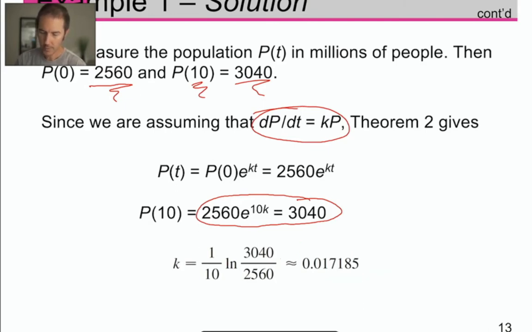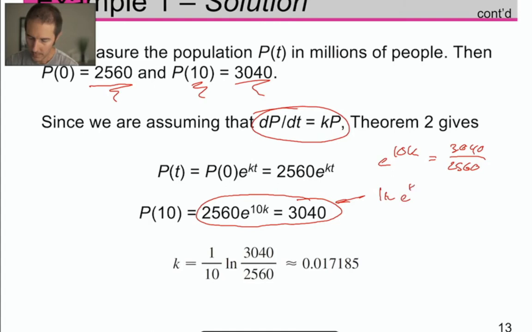But I'm going to take this equation, and divide both sides by 2,560. So I now have e to the 10k, or k10, equals 3040 over 2560. And then I'm going to take the natural log of both sides. Natural log of e to the, I'll write k10 this time, is equal to the natural log of this terrible fraction, 3040 over 2560.